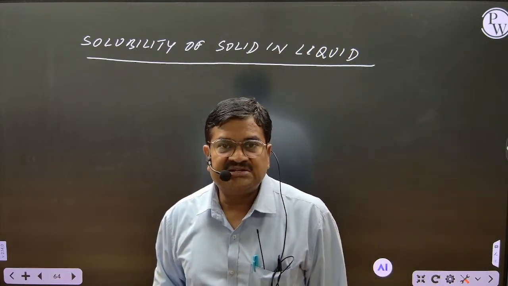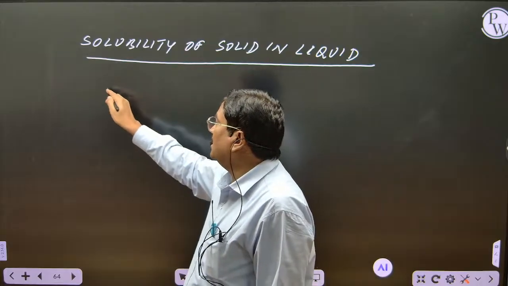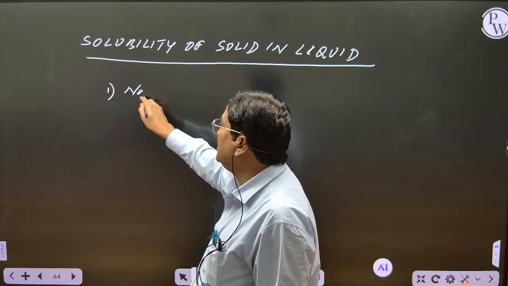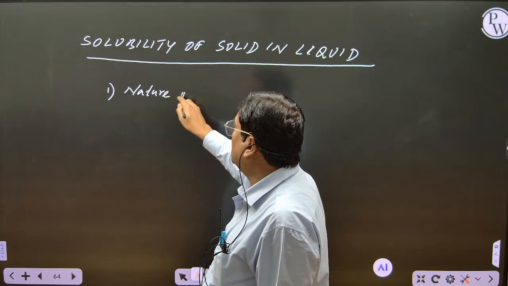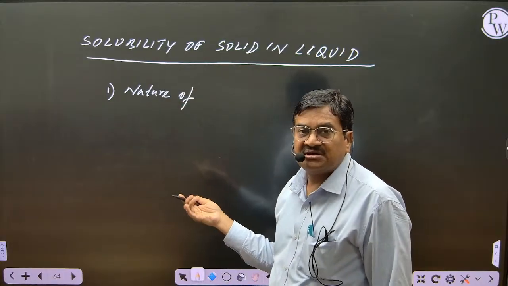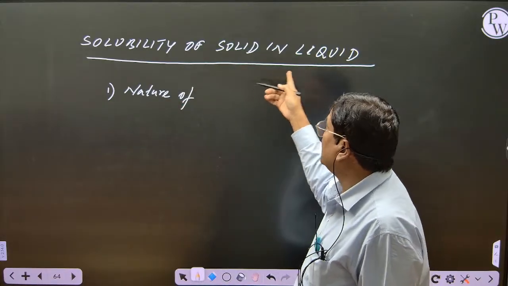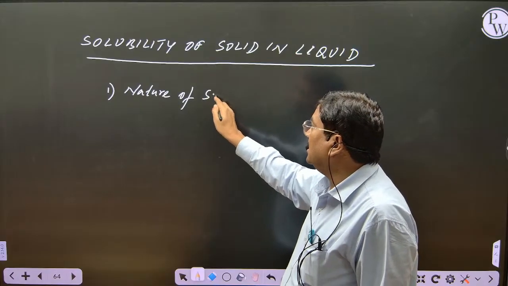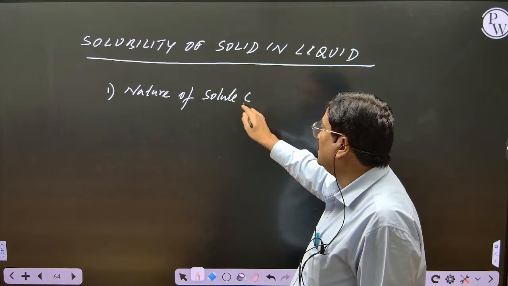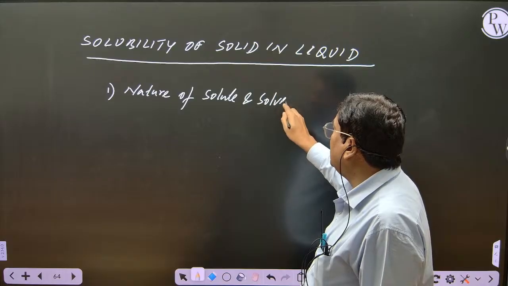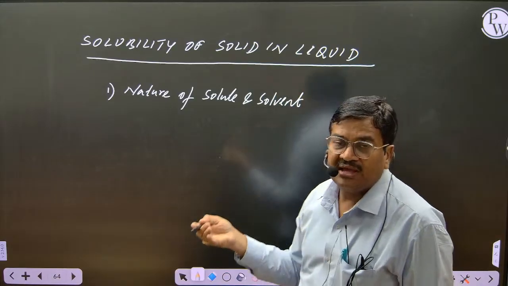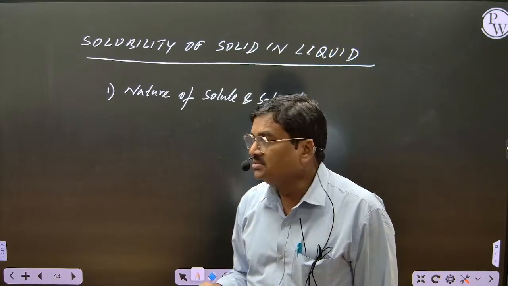So what are the factors? See, I mentioned here. One, it depends on nature of solute and solvent. On what factor it depends? They ask a conceptual question. Solubility of solid in liquid depends on nature of solute and nature of what? A solvent. It depends on what solute you are taking, what solvent we are dissolving.